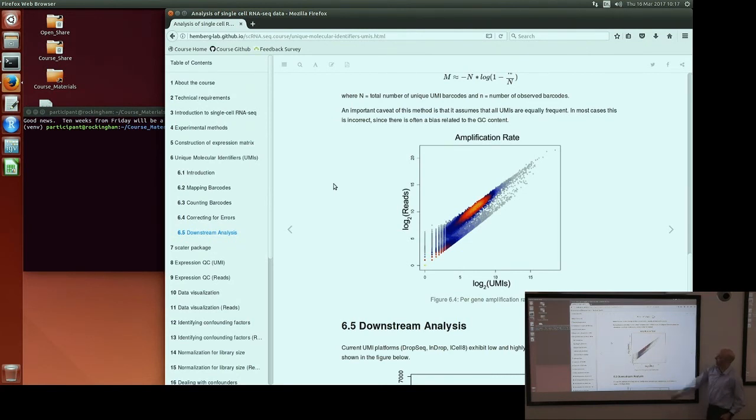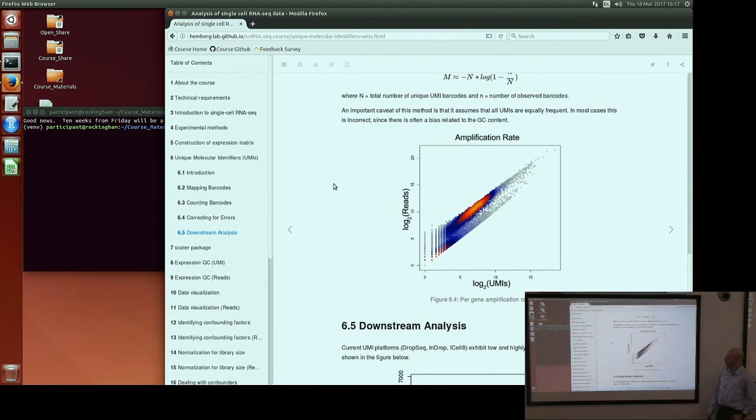Ideally, we would like to have it as tight as possible, because that would mean that you have a relatively uniform number of reads per UMI. But this is the kind of result or output that we're expecting from these experiments.